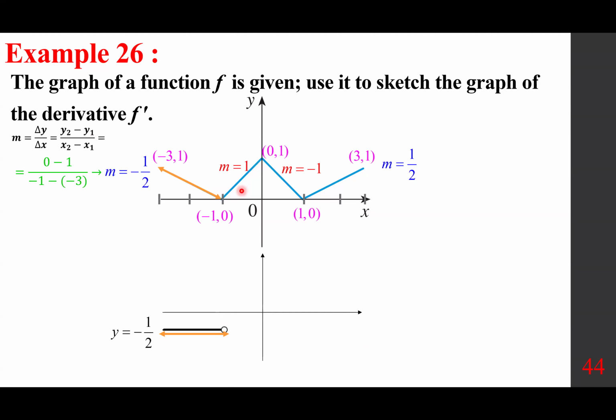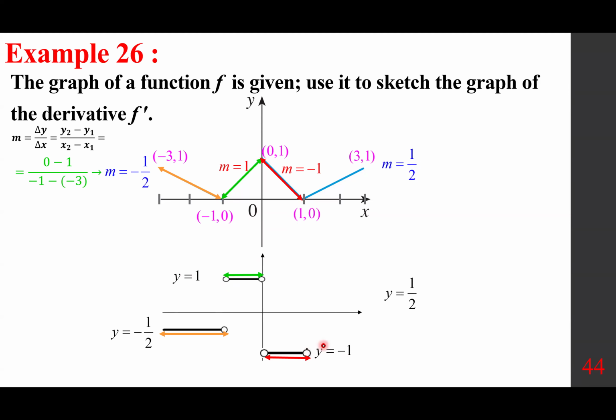For this part, you have a hole here, you have a hole here. So you draw the line y equals 1, and y equals 1 goes from here to here. Or y equals -1 goes from here to here.